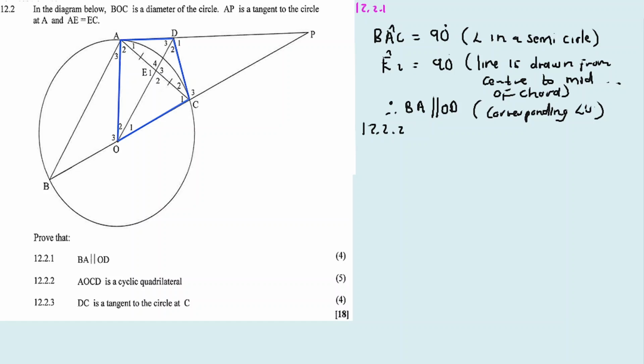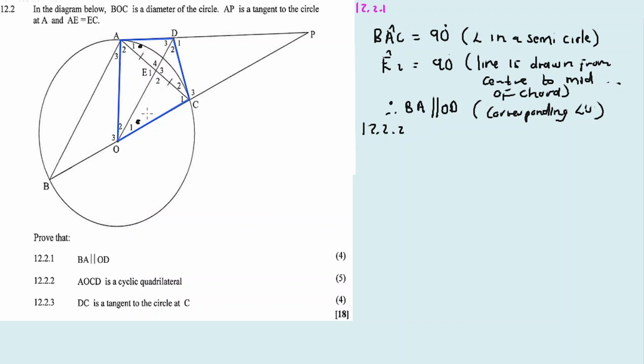There's also another way of proving that any given shape is a cyclic quad, by using angles in the same segment are equal. This angle is equal to this one. Look at this shape, we have a bow tie.